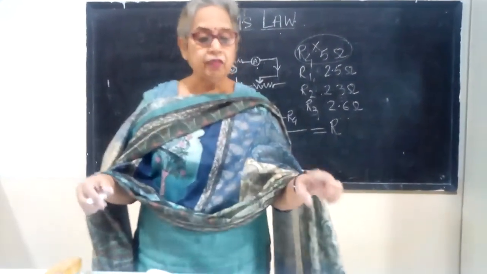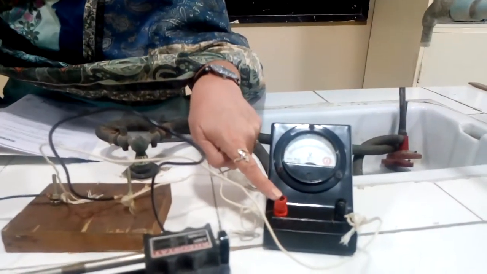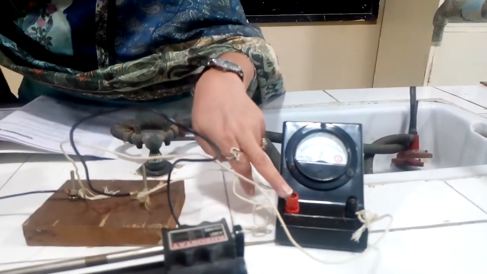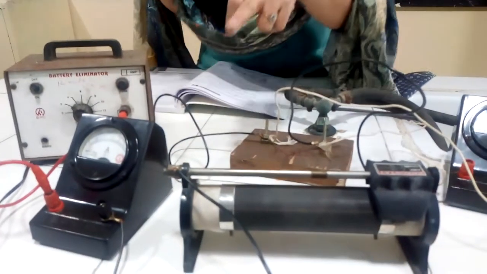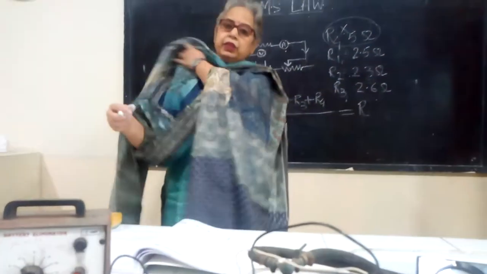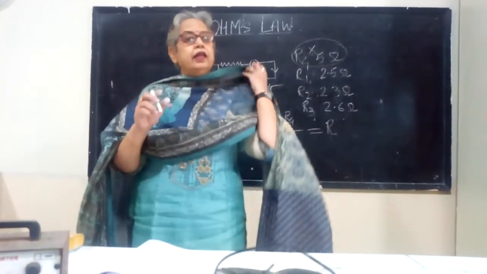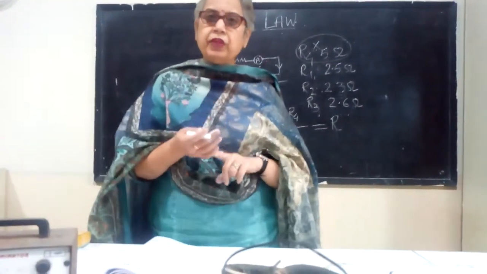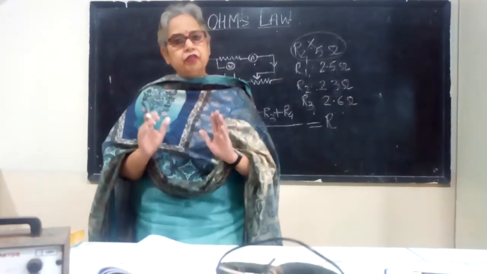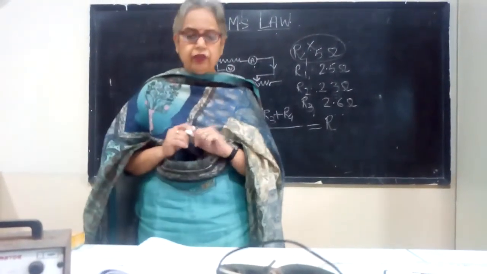Okay, then what else you have to take into account is that the positive terminals of the voltmeter, the ammeter and the rheostat should always be connected with the positive terminal of the battery, and the negative terminals of the voltmeter, ammeter and rheostat should be connected with the negative terminal of the battery.